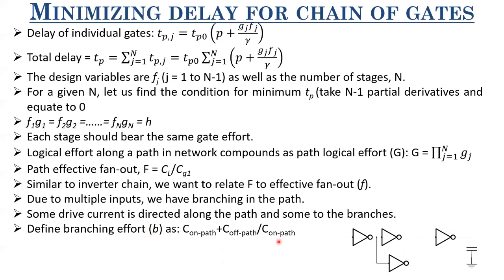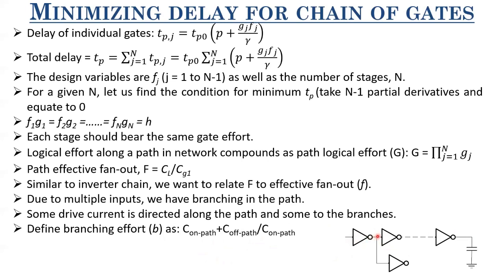Now, why do we calculate this? The thing is, the effective capacitance over here is 2 times the input gate capacitance of this inverter. Along this path, what is the effective capacitance that this load should see?